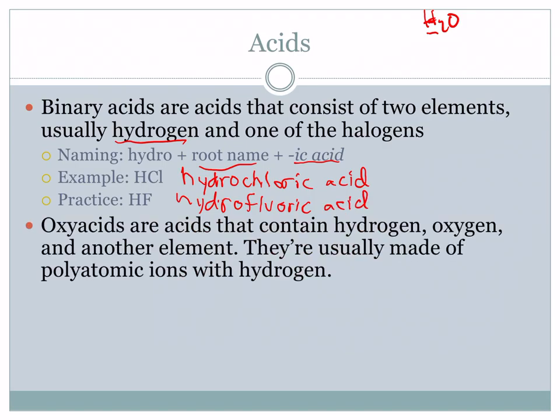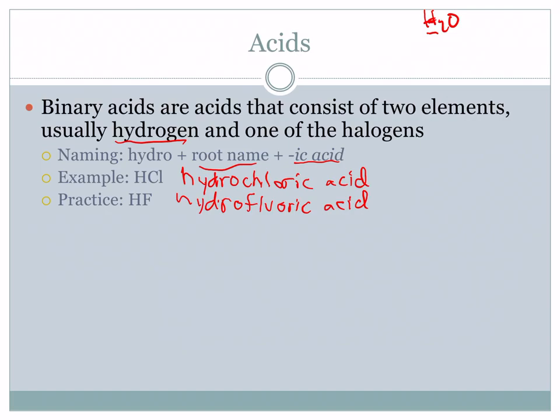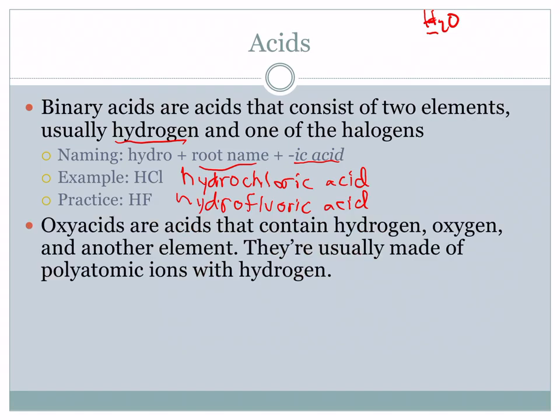Okay. Then the other type of acid we have is oxyacids, and these are acids that have hydrogen, oxygen, and then another element. They're usually made up of one of the polyatomic ions along with hydrogen, so that'll be one of your signs. With the naming of them, we do not put hydro in front.